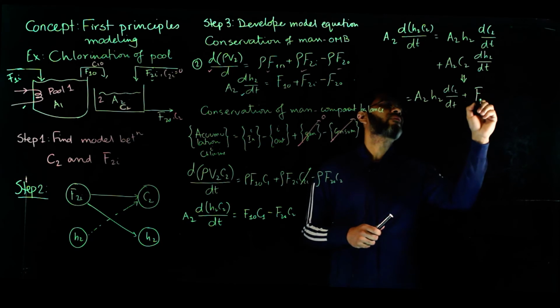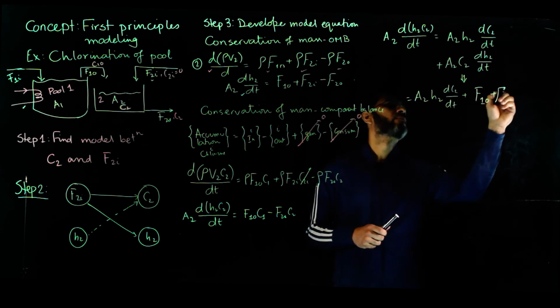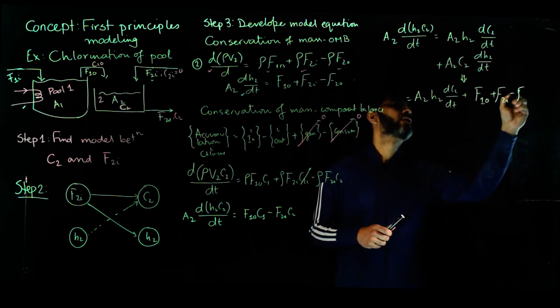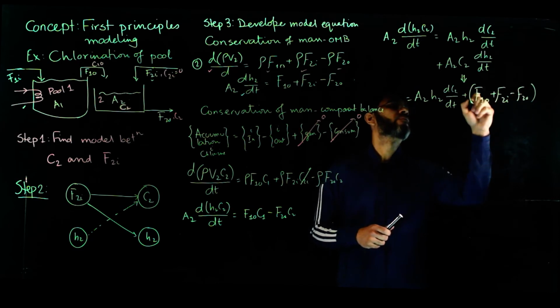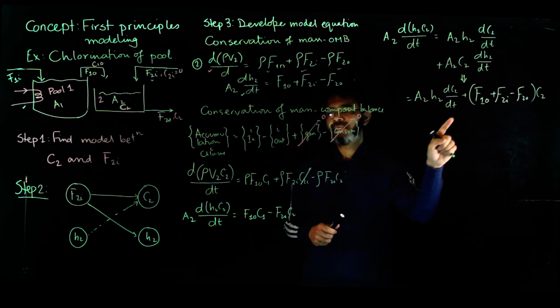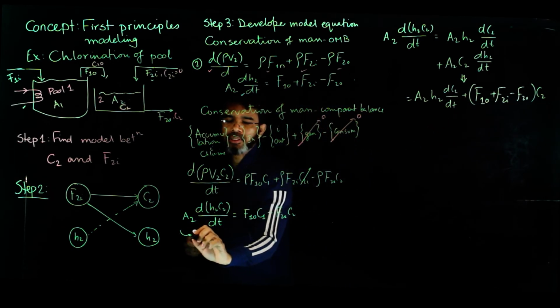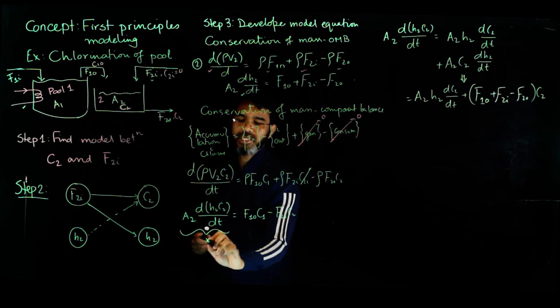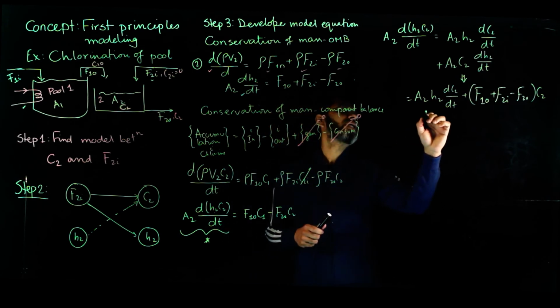So we have F10, F2I, F2O, C2. So that's our left hand side here. So this part we just got out of this entire thing using this term.